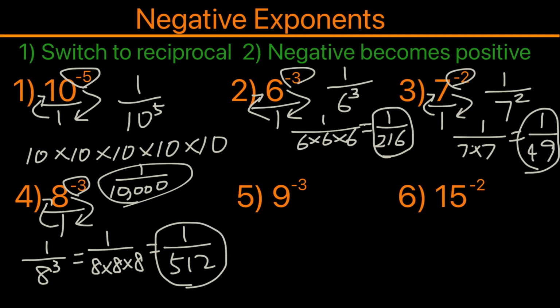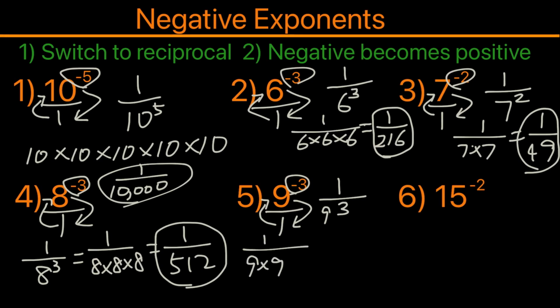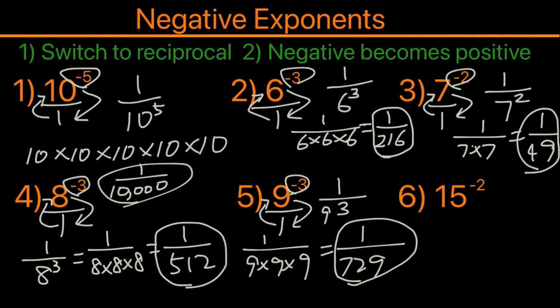Example 5, 9 to the negative 3. Swap, changing of the sign, 9 cubed, 1 over 9 times 9 times 9. And that gives us 729 as the denominator. And 1 over 729 is the answer.